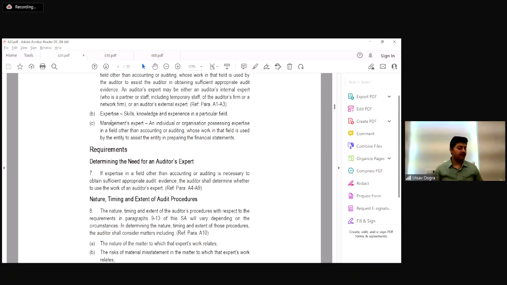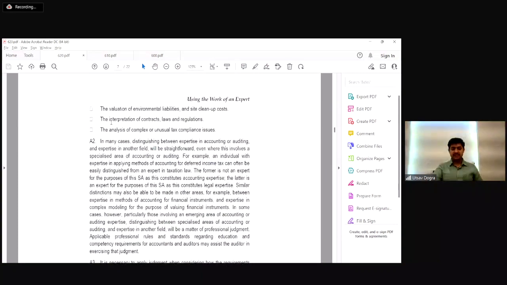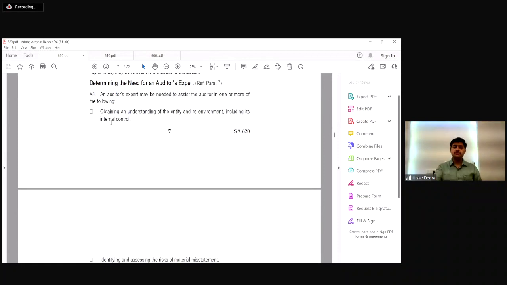You can see in paras A4 to A9, a complete explanation and a step-by-step guide whereby the auditor would determine, based on these principles, whether an auditor's expert is required or not.